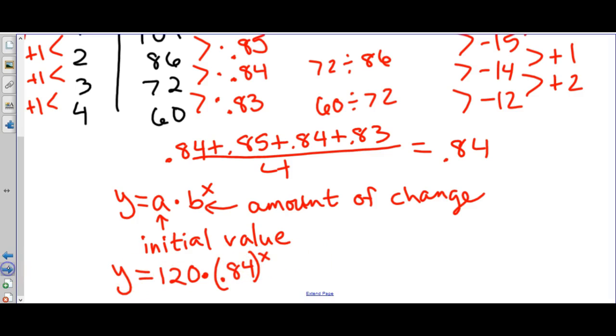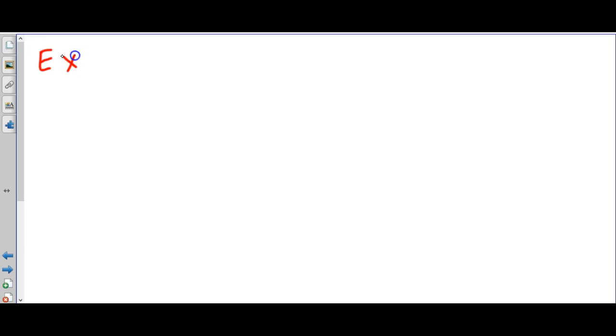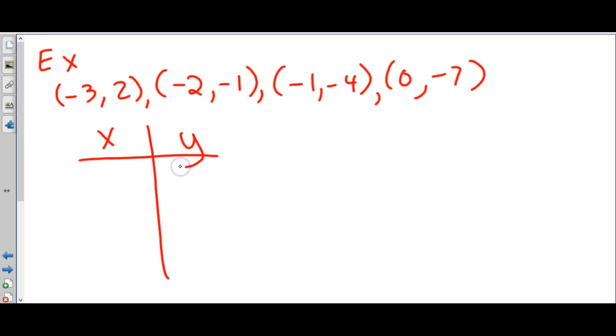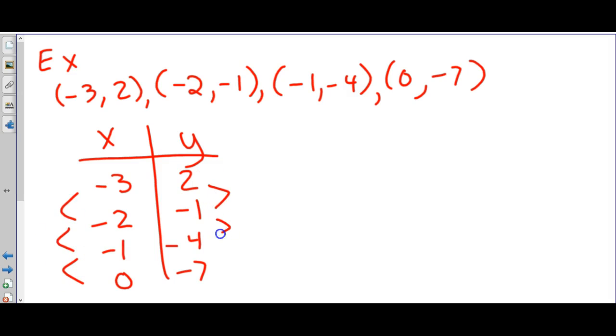So let's do one more example because we haven't seen a linear equation come up. Say we have the points -3, 2, -2, -1, -1, -4, 0, -7. So if I put it in table format, because that's a little bit easier to figure out which one is which, you can line it up and see easily what's the amount of change each time.